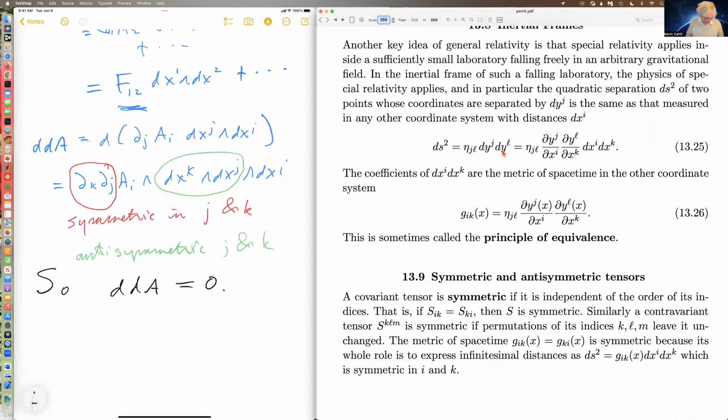Another insight, physical insight, and that's the thing: Einstein was a physicist, not a mathematician. In fact, he got some help from a friend of his, I think named Grossmann, who was a mathematician. Anyway, in special relativity, as I said to you, this thing is invariant. So in flat spacetime, you have this invariance.